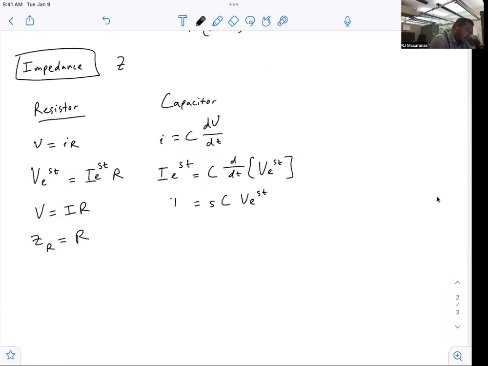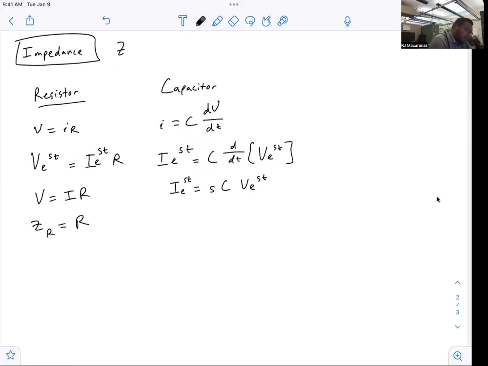We solve everything through, divide out the e to the st's, and then we get the voltage in terms of current. So we've got 1 divided by SC times I, which gives us the impedance of a capacitor to be 1 divided by SC.